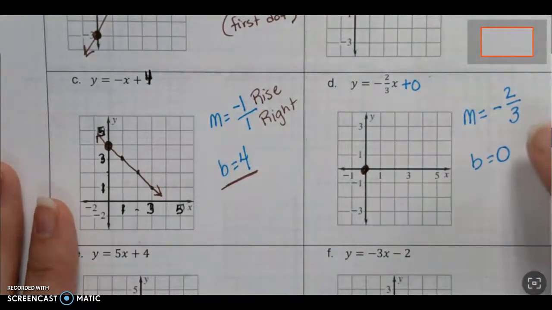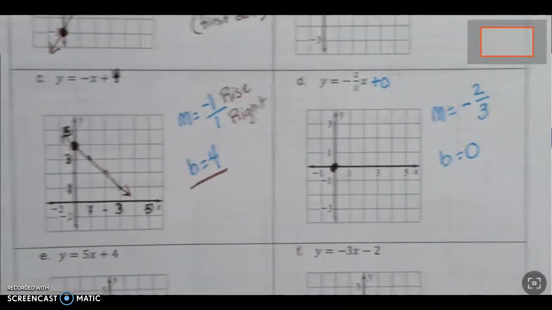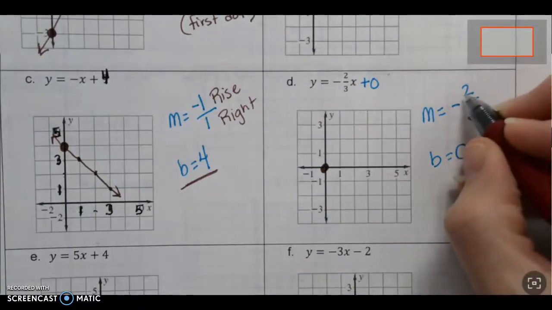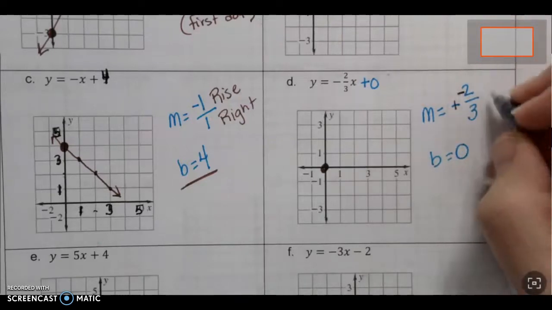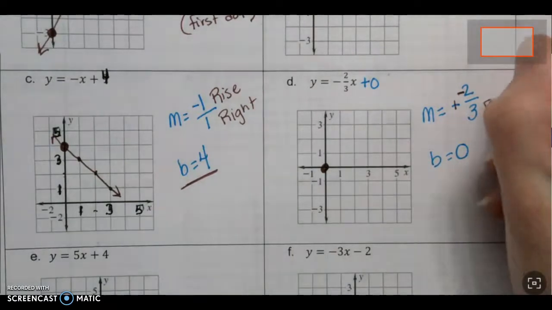Okay, so this is the tricky part, the negative sign: I am always going to give the negative sign to the top number. So really, this is going to go down 2, and I'm still going to go to the right 3.